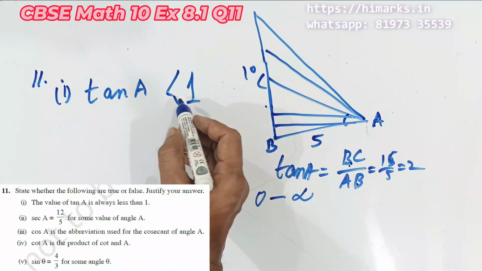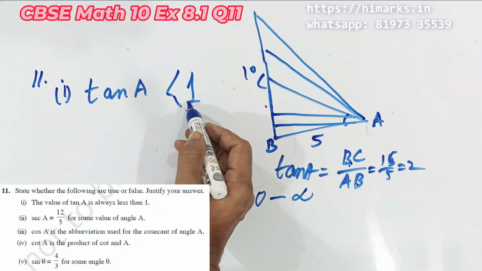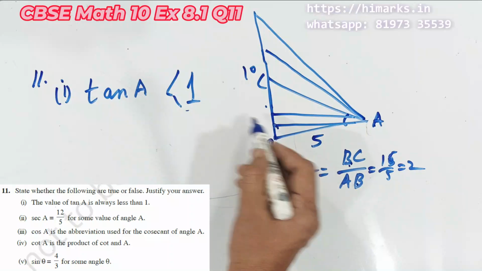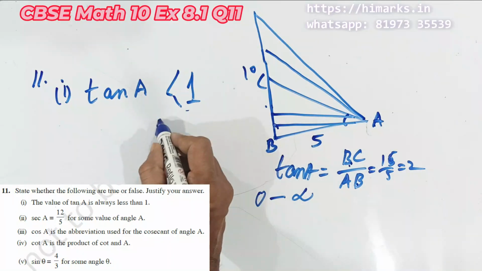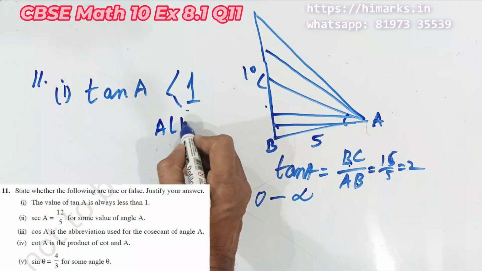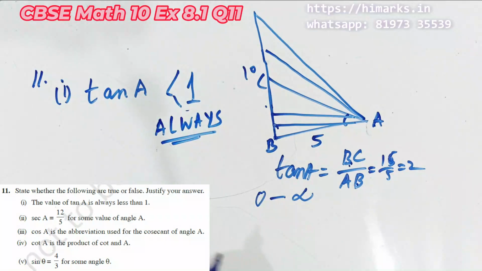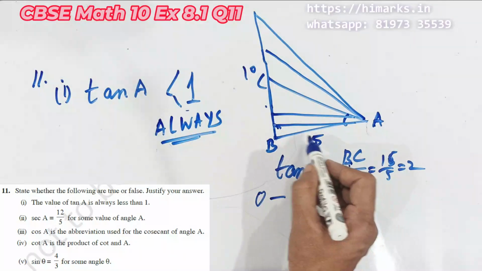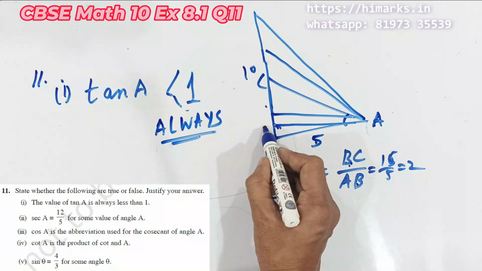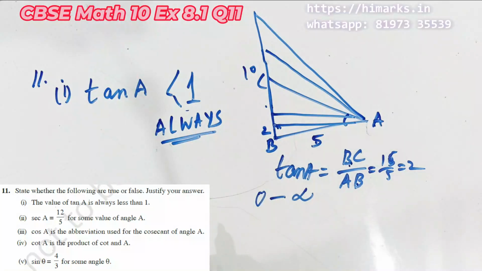So the statement says always less than 1. Sometimes it could be less than 1, but it is not always. Due to this word always, this statement became wrong. Yes, less than 1 is possible. For example, if the base is 5 and your height is only 2, that is 2 by 5, which is less than 1. But always, no, it is not true.